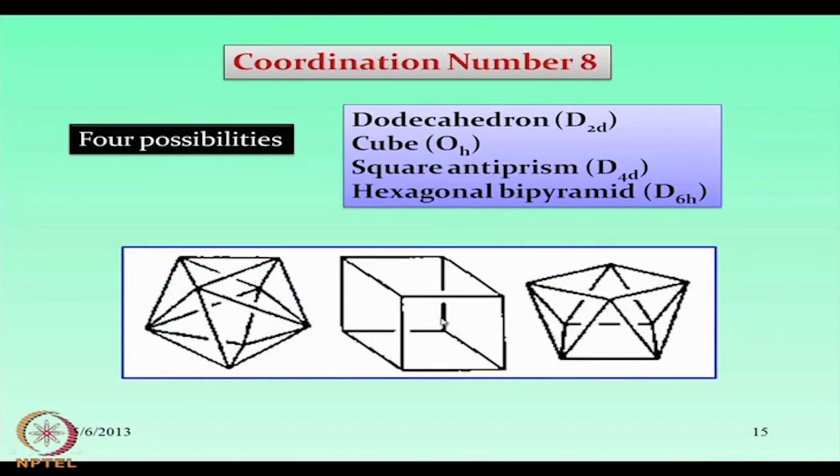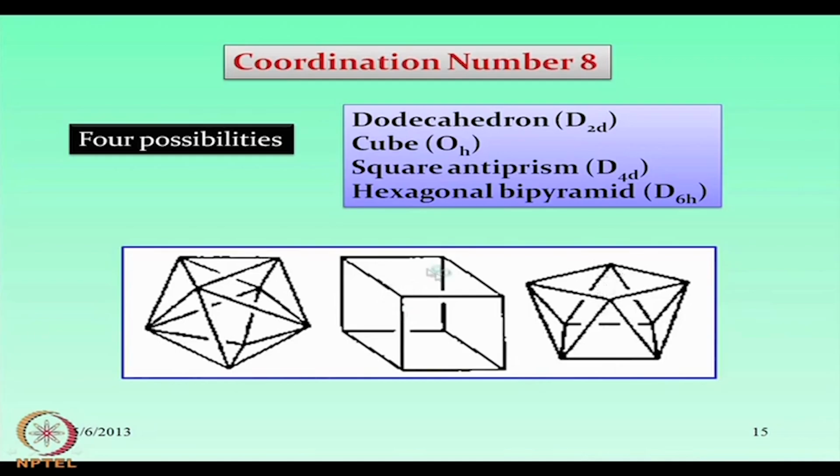This is the cube structure, this is the square antiprism, this is one square and this is another square. So if we just rotate the top plane and connect them to each other, we get a square antiprism structure where 2 of the faces are square faces.